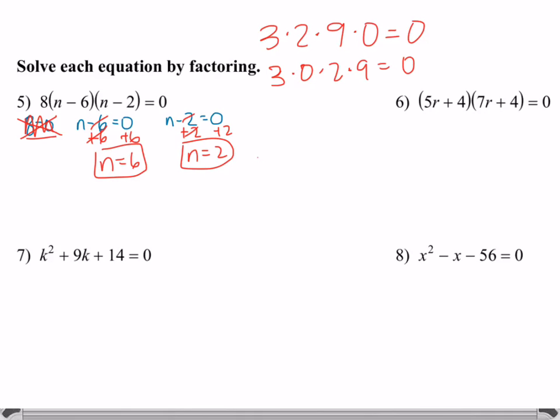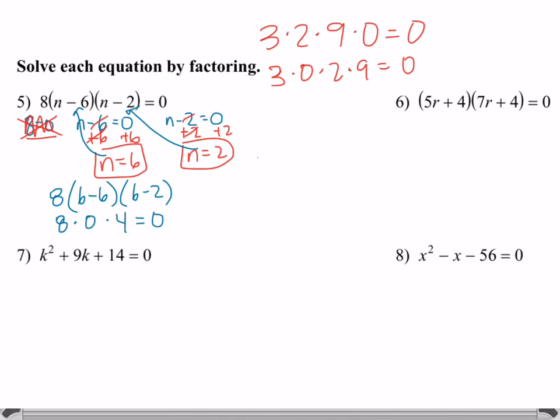And here's, again, what I was talking about. Remember how if I multiply numbers, but multiply by 0, it's still going to equal 0. Watch. If I plug in 6 to the equation, it would be 8 times (6 minus 6) times (6 minus 2). So in this case, it would be 8 times 0 times 4. Again, it doesn't matter what 8 times 4 is, because anything times 0 will equal 0.